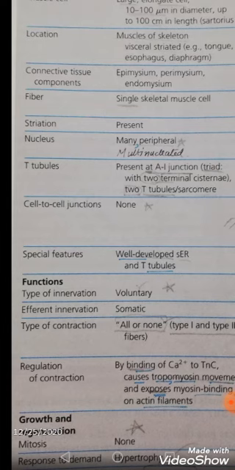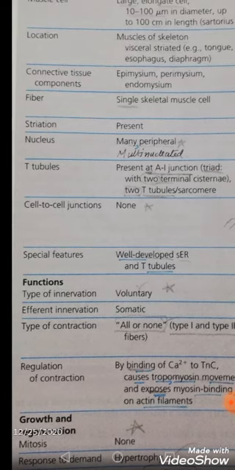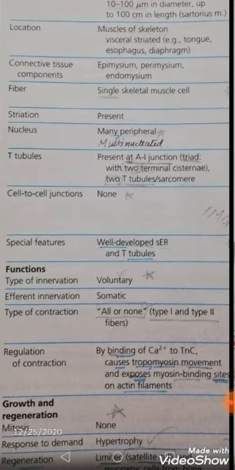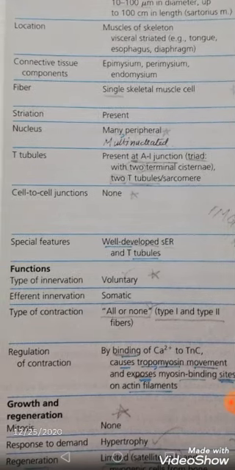Specialized features are well-developed smooth endoplasmic reticulum and the T-tubules, and being voluntary, the type of innervation is somatic, and the type of contraction is all or none, and regulation is through the binding of calcium causing tropomyosin movement, which exposes various sites on the actin filament.